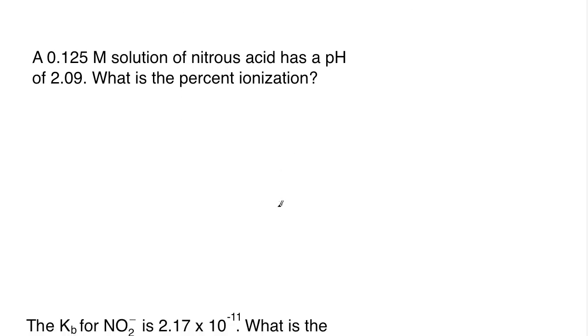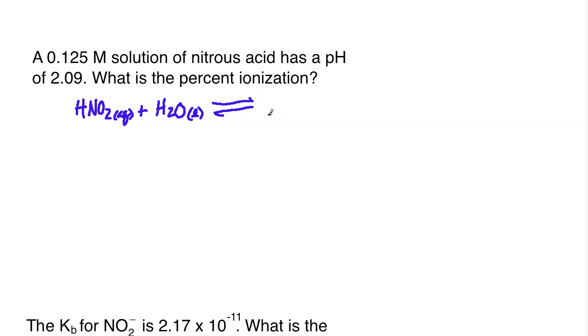The first question says, a 0.125 molarity solution of nitrous acid has a pH of 2.09. What is the percent ionization? The first thing that we're going to want here is the actual equation. Nitrous acid is HNO2, aqueous, and it's going to be in water, as all of these reactions during this semester are.